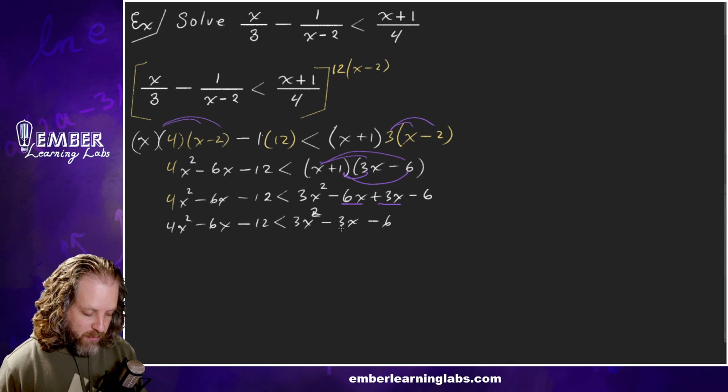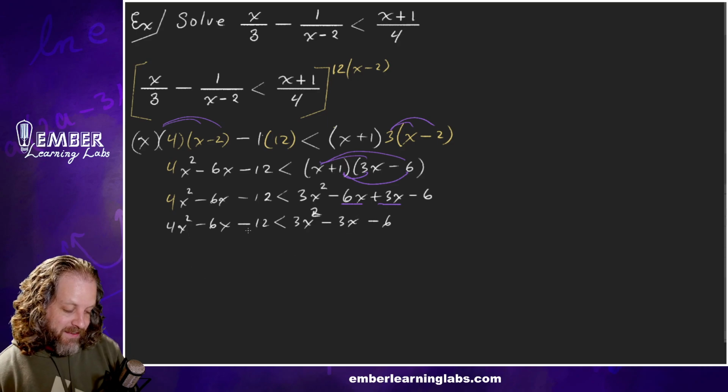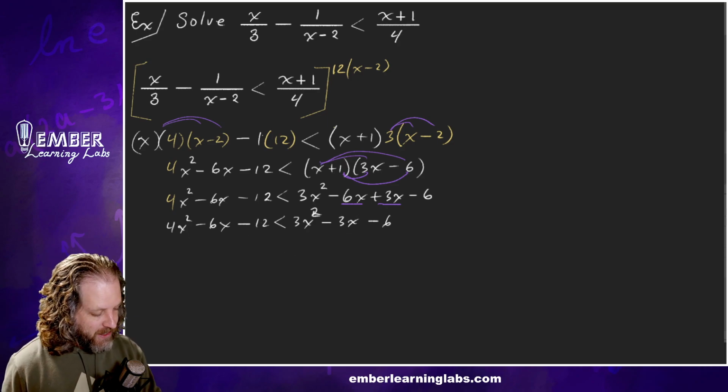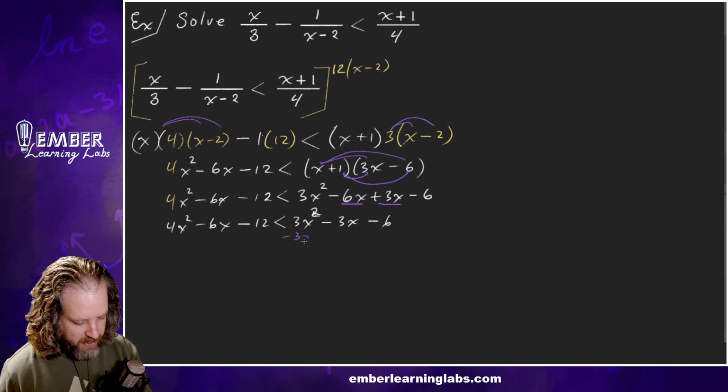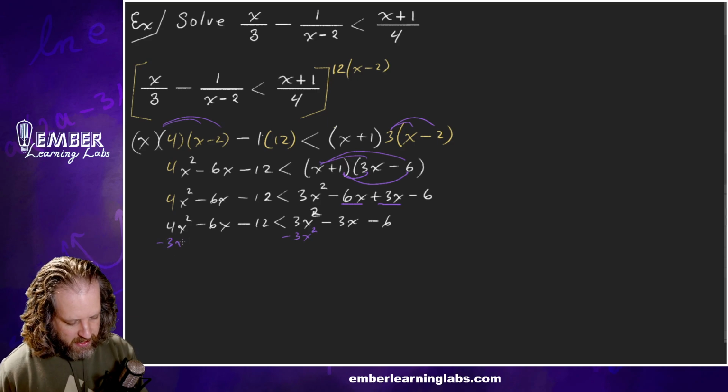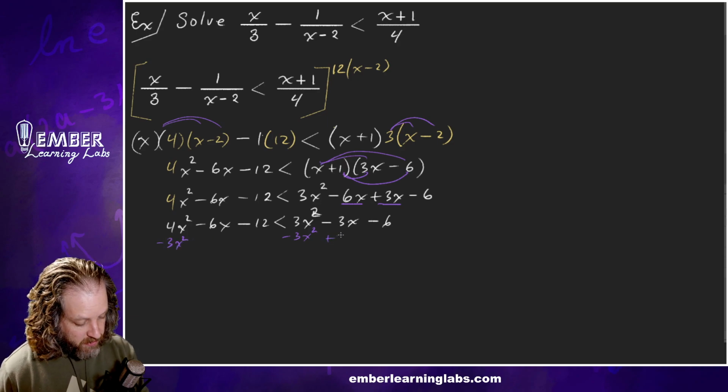All right, so we're going to move all this over to this side and leave it equal to 0. Give a shot at factoring it. See what happens. So minus 3x squared, plus 3x, plus 6.